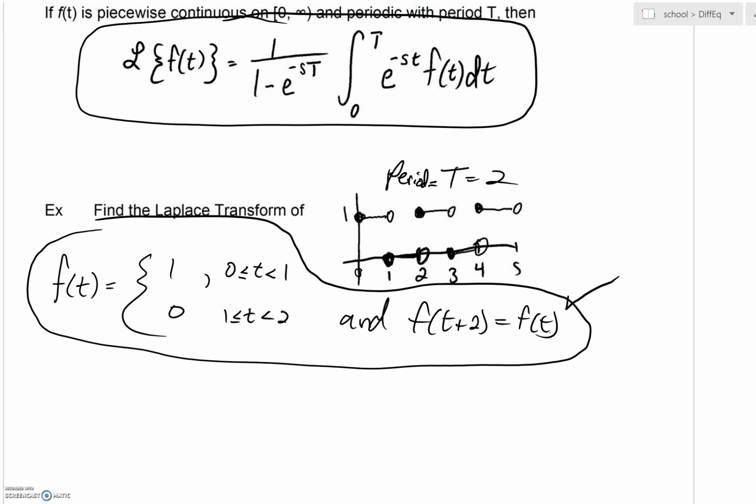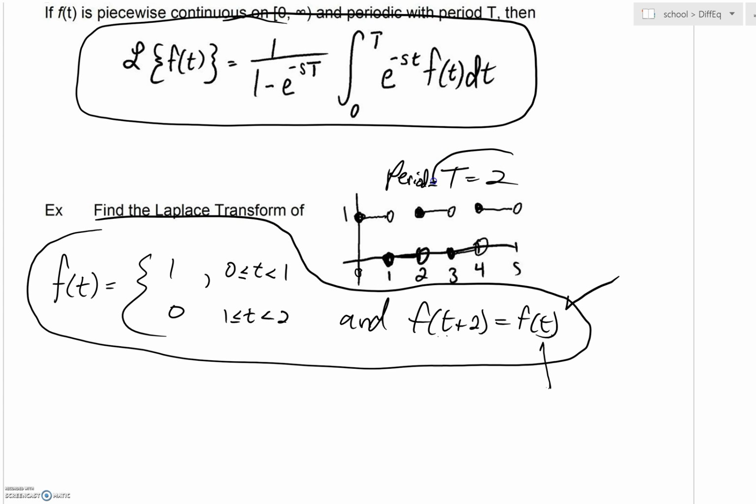That's a wonderful way to represent this continued pattern forevermore. You could quickly confirm by plugging in a t value of, say, 1. If you add 2, that would be the same thing as f of 3, because 1 plus 2.